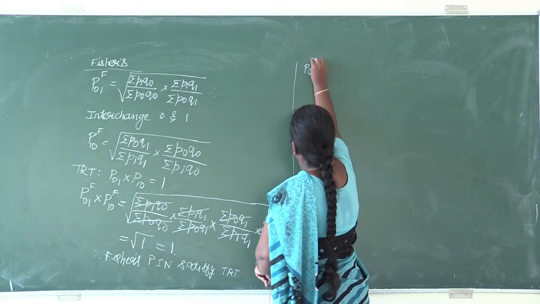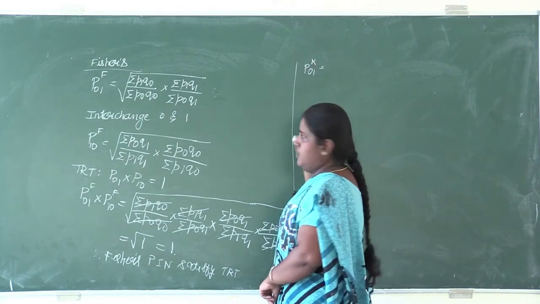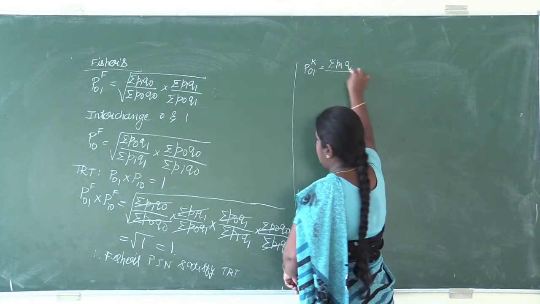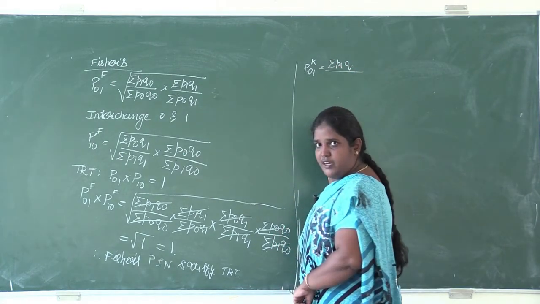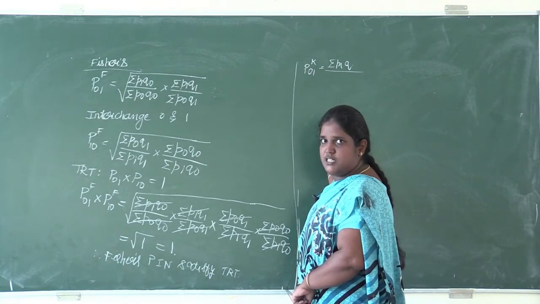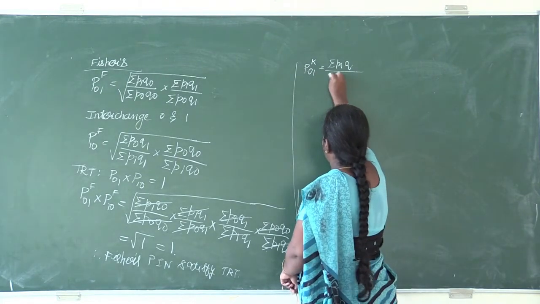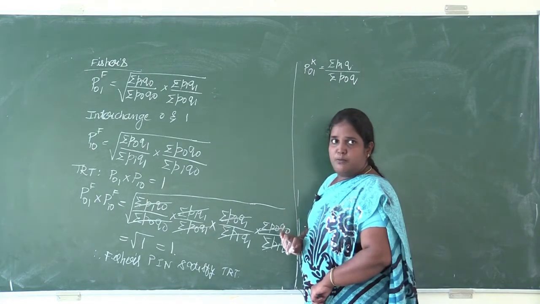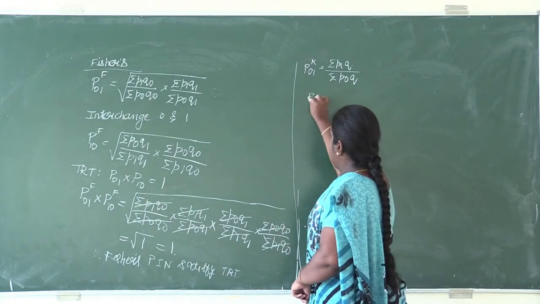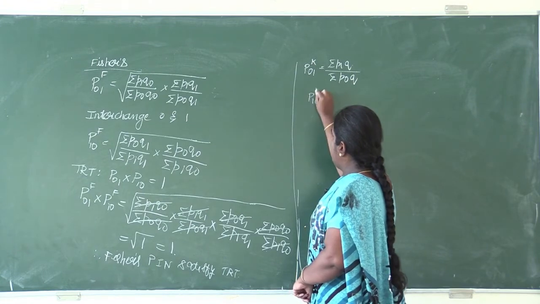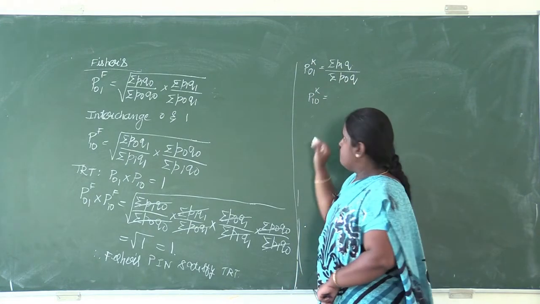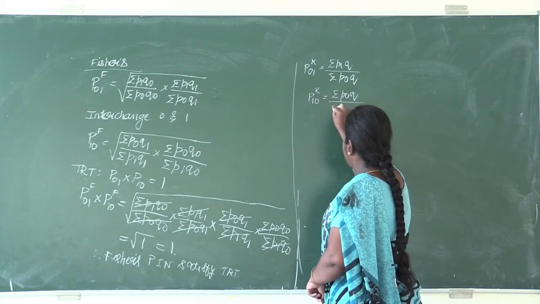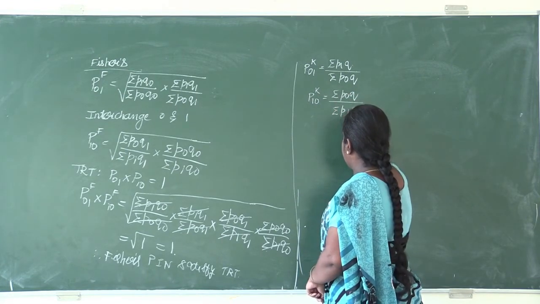So P01K, Cayley's formula, is sigma P1Q. Here the quantity, whether it is base year or current year, is not given, it is fixed weight. So quantity is fixed. So sigma P1Q divided by sigma P0Q. Interchange 0 and 1, we will get P10K equals sigma P0Q divided by sigma P1Q.